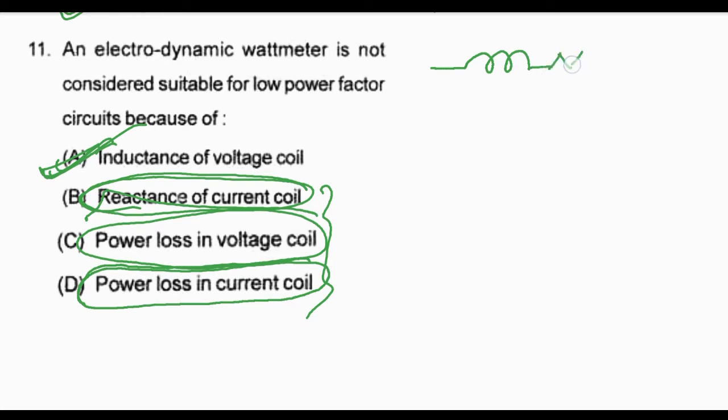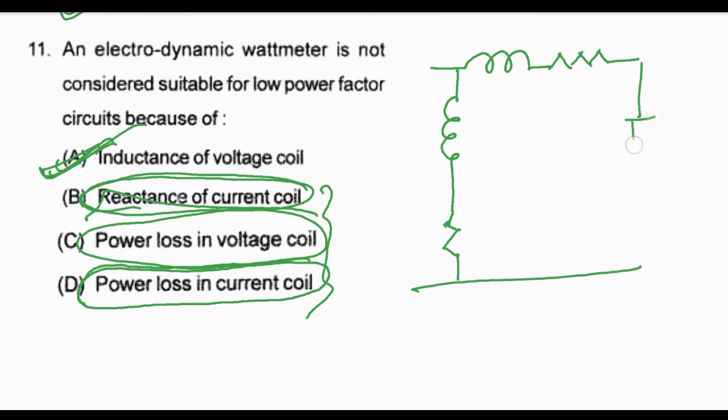This is the circuit diagram for an electrodynamometer type wattmeter.